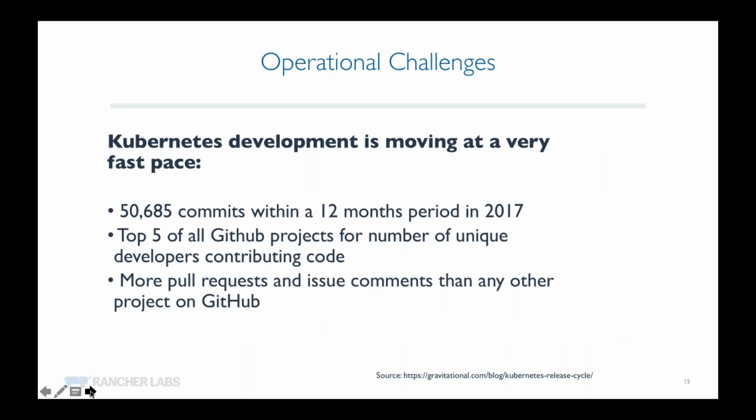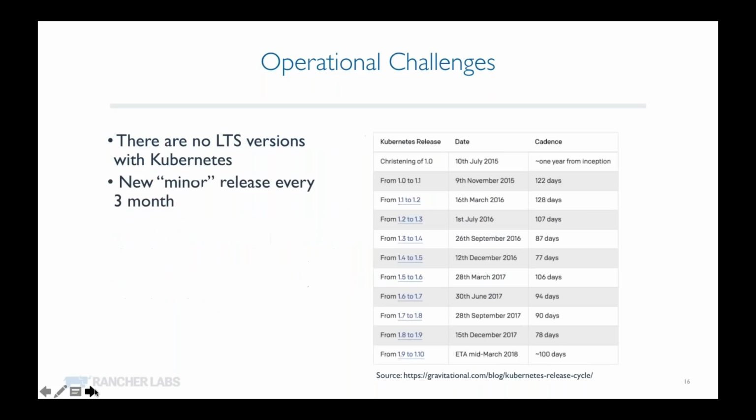Kubernetes development is moving at a very fast pace. So you can see some statistics here that I won't read verbatim to you for recent contributions, and the speed at which Kubernetes is evolving. So you can see from 2015 to now all the different versions, and each of these versions has large functionality changes and new resources and new features.